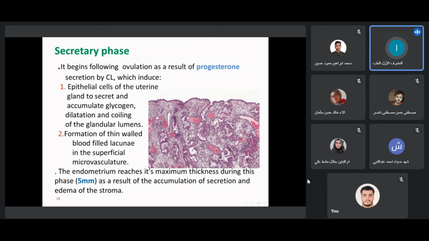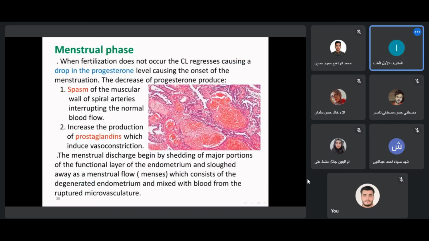These are the red blood cells within the capillary lumen. During the end of the secretory phase, the endometrium will reach its maximum thickness, which is about 5 millimeters. This marked increase in the thickness is due to the edema of the stroma in addition to the accumulation of secretion. And last is the menstrual phase.